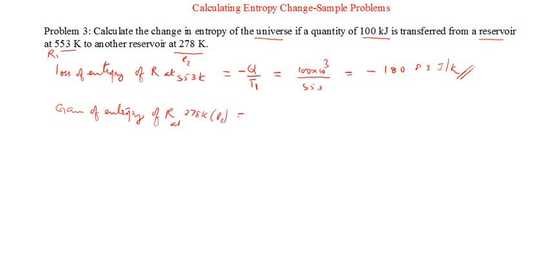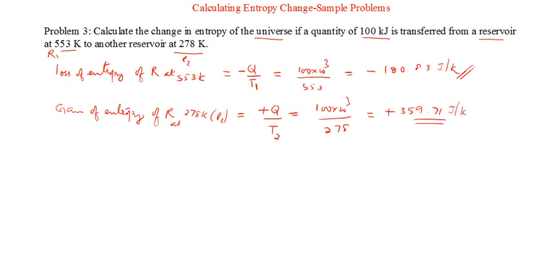Again the same amount of heat is lost and gained, so it is plus Q divided by the temperature of the low temperature reservoir, T2. We consider that the process is internally reversible. So it's equal to 100 into 10 raised to 3 upon 278. You work this out and you get plus 359.71 joule per Kelvin. So that's the answer.